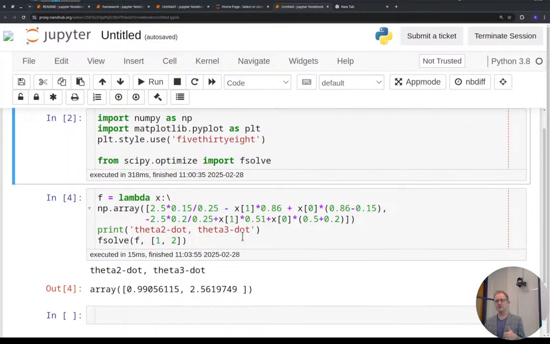If I have a function, it'll figure out when it's equal to 0. So we got 1 and 2.56. At least those were the numbers that I got. How about you? What numbers did you get? Similar? Different? There should be some difference, right? At some point, there should be rounding error somewhere in there.